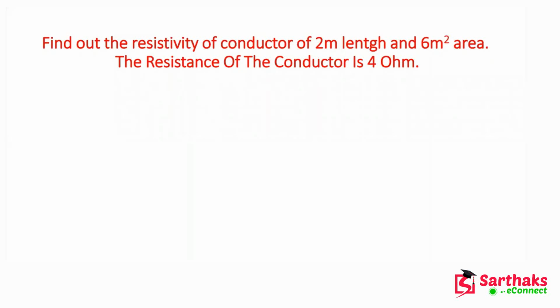So guys, in this slide, we will discuss a question. This is question number 1, and let me read out this question for you. Find out the resistivity of a conductor of 2 meter length and 6 meter square area.